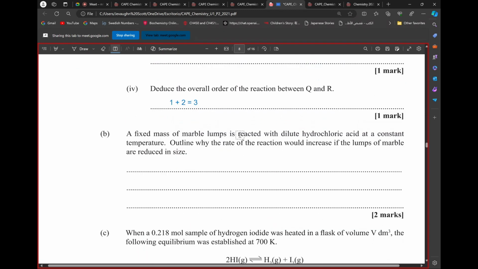A fixed mass of marble lumps is reacted with dilute hydrochloric acid at a constant temperature. Outline why the rate of reaction would increase if the lumps of marble are reduced in size. So raise hand and go ahead.